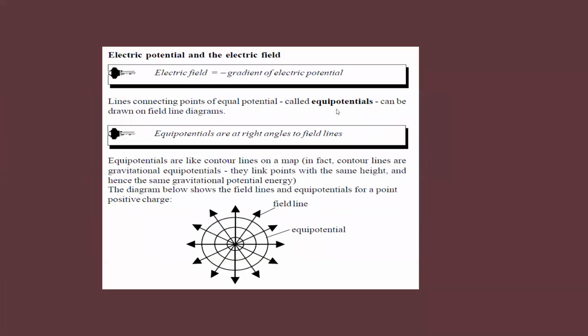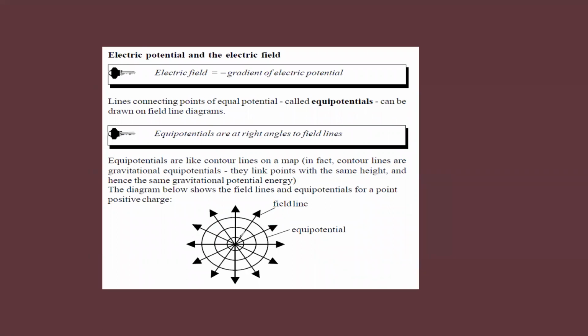Here you can see the equipotential and the electric field. Basically, the gradient of electric potential is known as the electric field strength. And what are equipotential surfaces? Equipotential surfaces are the lines which represent the same work done.